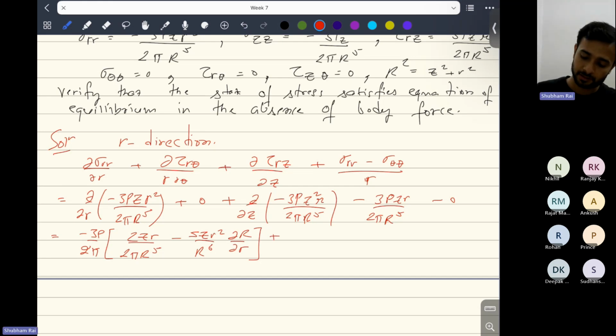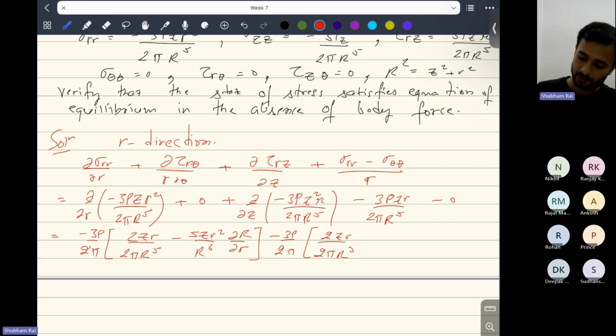Then plus second term, so again minus 3p over 2 pi will be common, and again you have to differentiate, so you get 2zr over R to the power 5, and then you have to differentiate this capital R to the power 5 with respect to z.